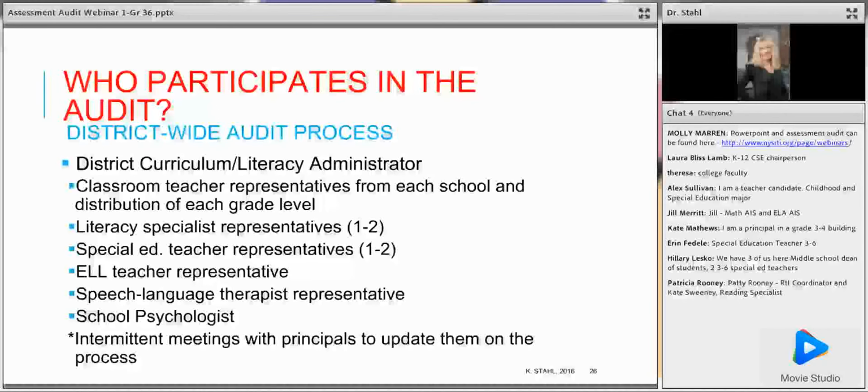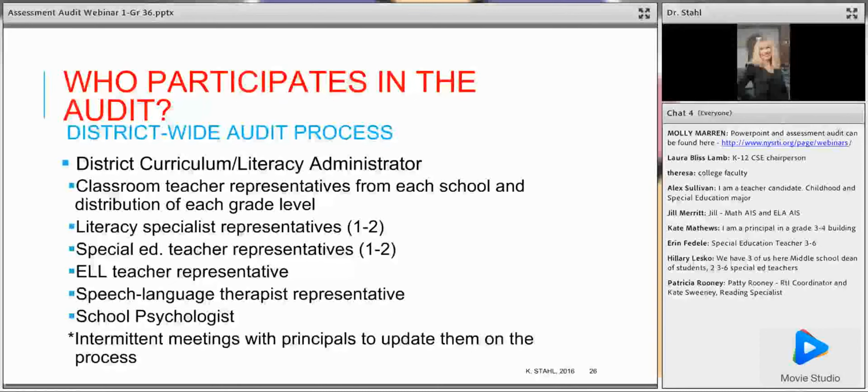And so both of those districts, it took them multiple meetings to do it at the district level, but both of those districts ended up with something that they were very happy with and that teachers now bought into.